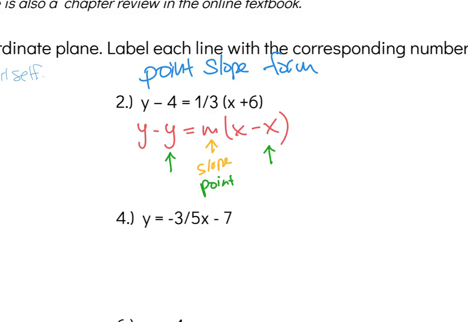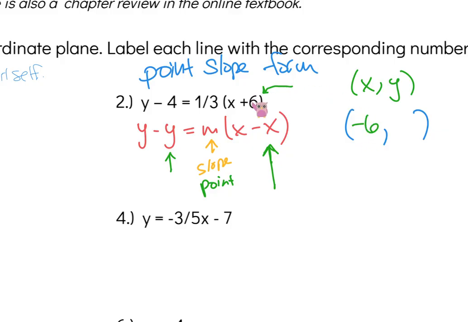If you're confused on why this and this are your point, well, it's because points are all made up of an x and a y, okay? So our x, right there, it says +6. What would you plug in here to get a +6? It would actually have to be -6, because a -6 would be +6.